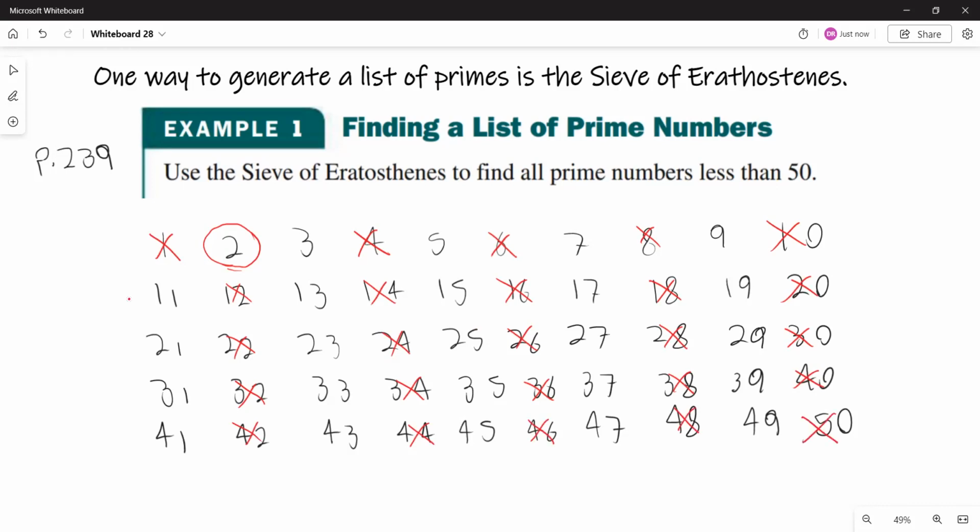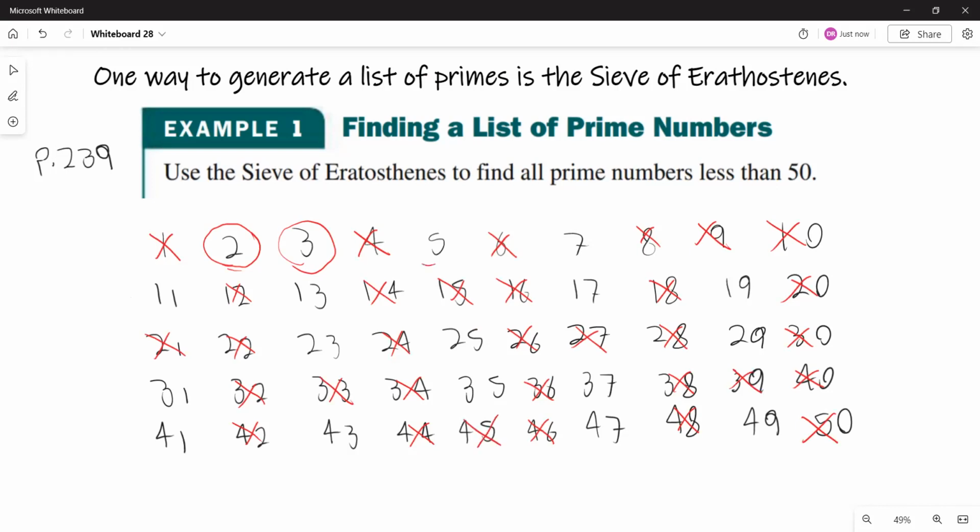Okay, so 3 is a prime number. So every multiple of 3 that we have not crossed yet is not a prime number. That means 6 is not prime. We already crossed that, but 9, 15, 21, 27, 33, 39, and 45 are not prime numbers.